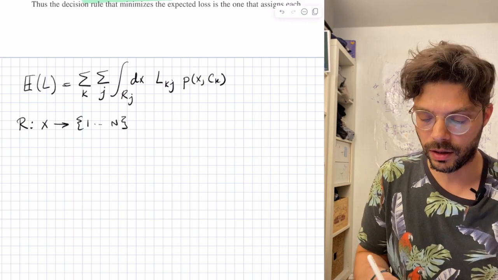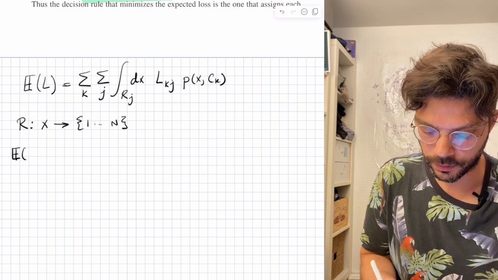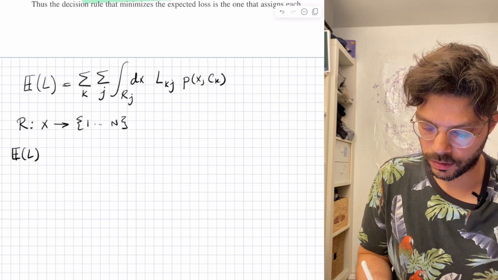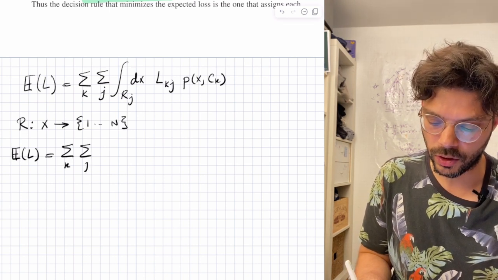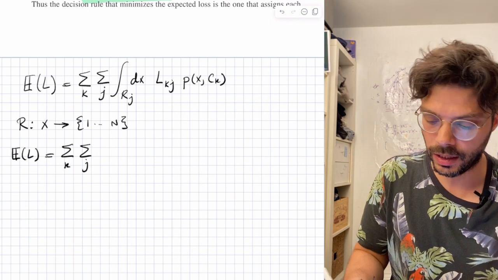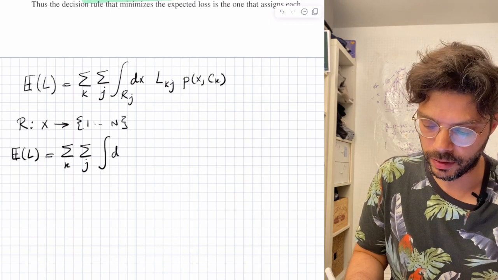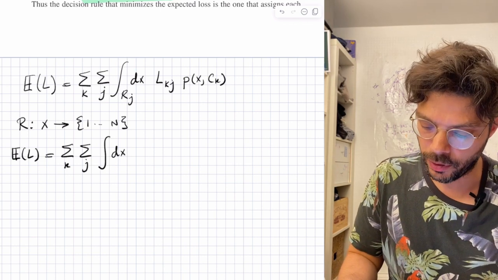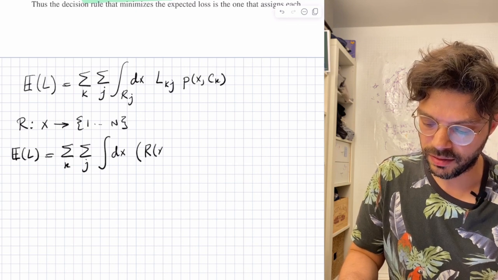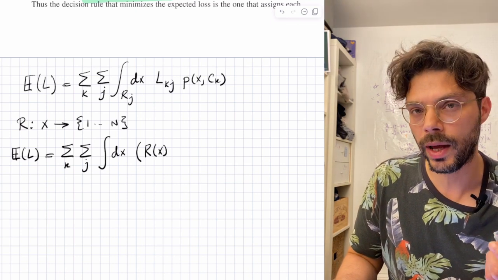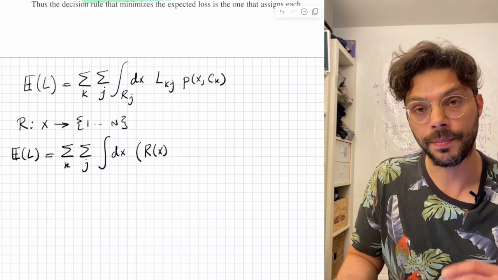Let's rewrite our expected loss in a slightly different way. Again, the sum on K and a sum on J, so the true class and the assigned class. Now I'm going to integrate over all of space, so there's not going to be an R_J down there. I'm going to have this little indicator function that detects when the rule has assigned a data point to a particular class.